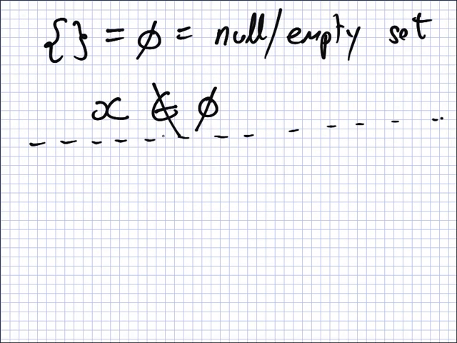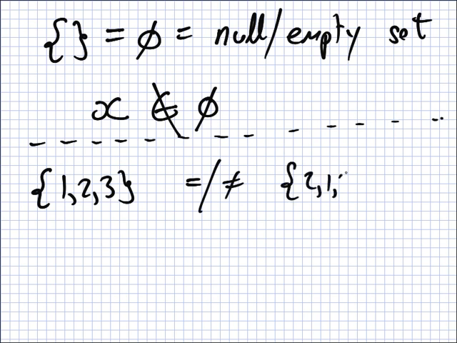So you have to be careful a little bit about sets. If I have the set 1, 2, 3, is that, or is it not, the same as the set 2, 1, 3? It's the same, because a set is only a collection of elements, but we don't care about the order at all.